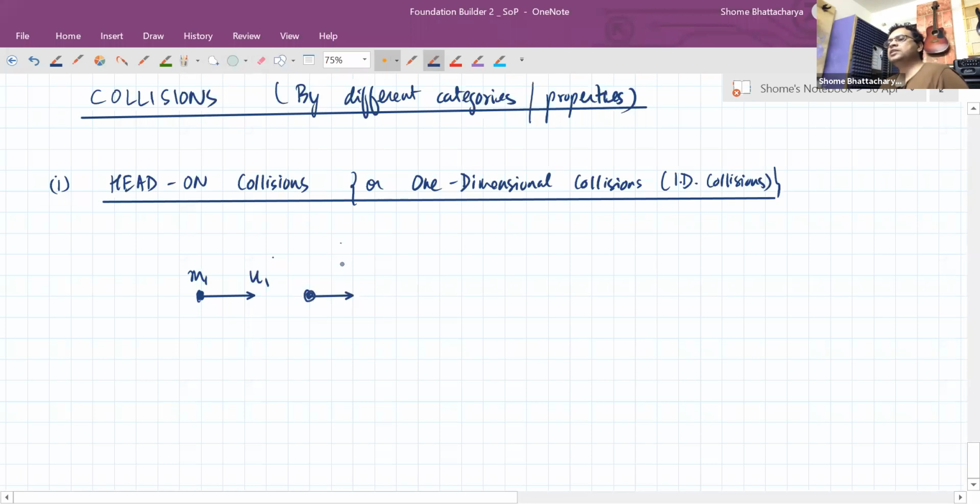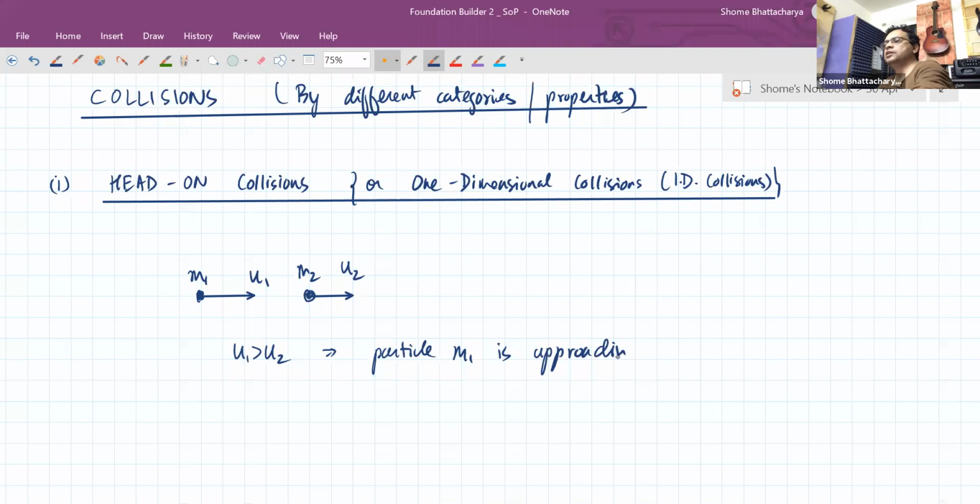My sign convention is such that when u1 and u2 are positive, they are moving along the positive x-axis. And this one has a mass m2. So if u1 is greater than u2, that means particle m1 is approaching the second particle m2.